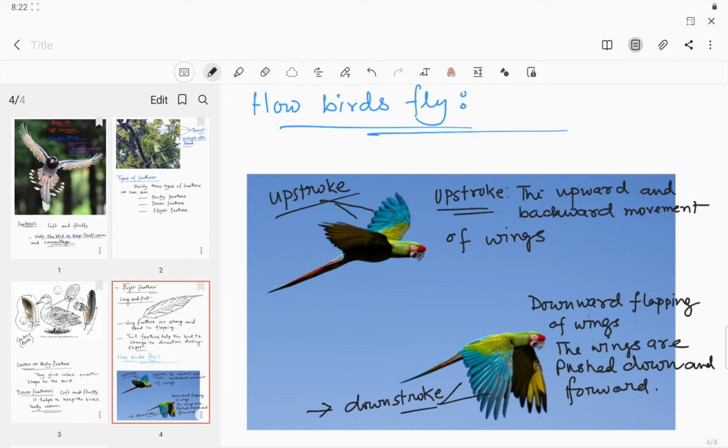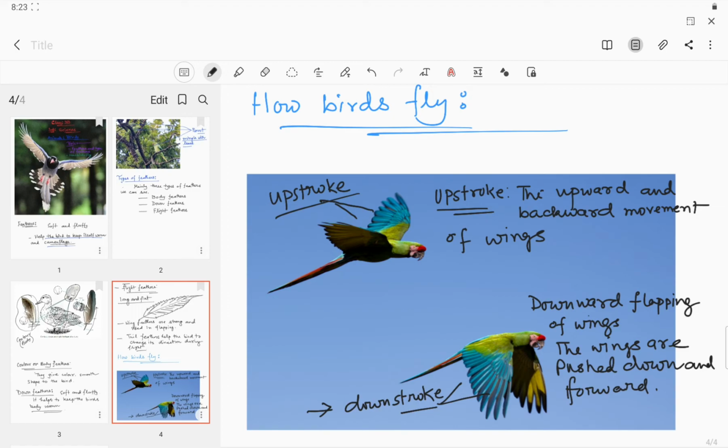And for the downstroke, downward flapping of wings, a bird can push down and go forward. So using these two processes, a bird can fly in the sky.